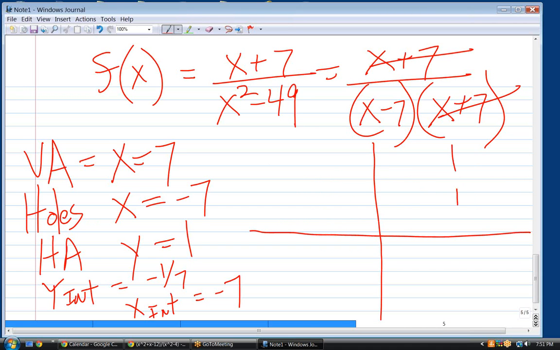Vertical asymptote at x equals 7. Horizontal asymptote at y equal 1. Y-intercept right there. X-intercept at minus 7. About right here. Ooh, boy, they did get progressively harder. Because that's where that hole is also.